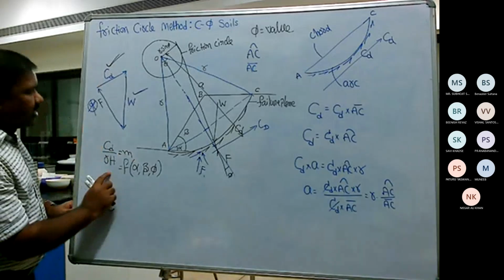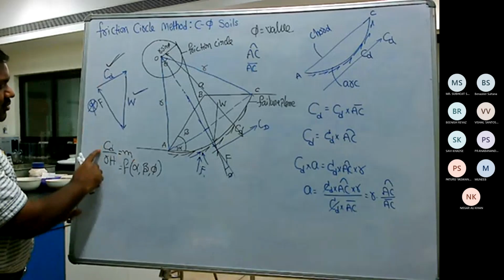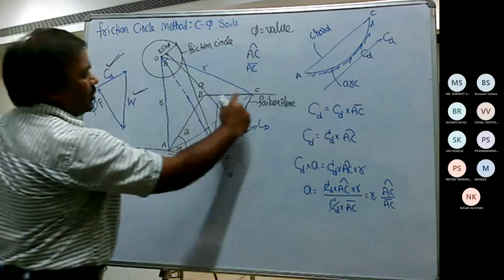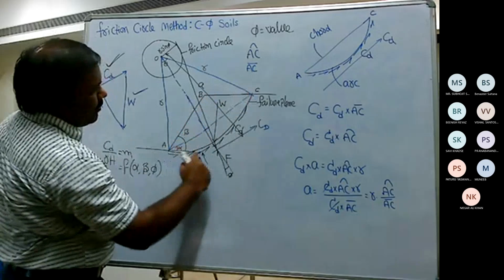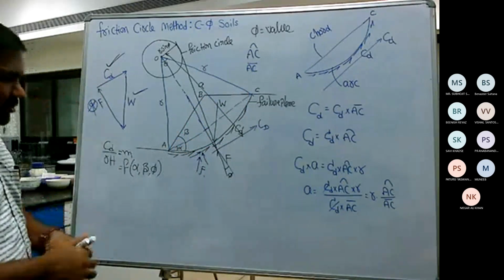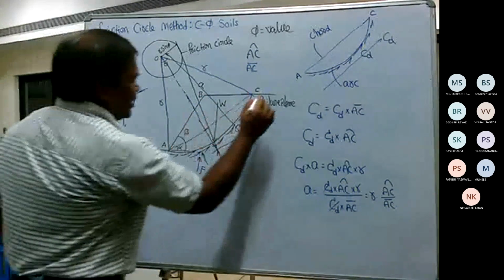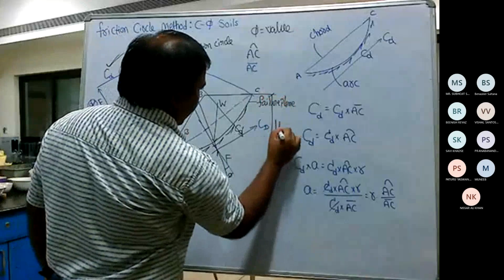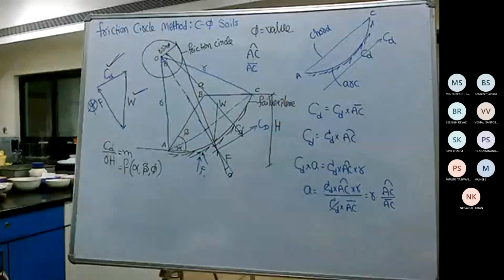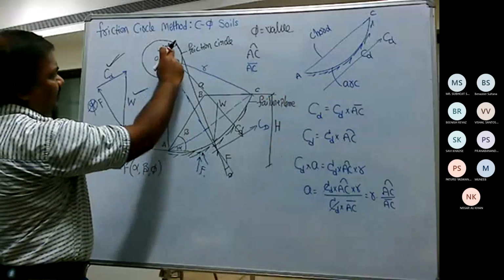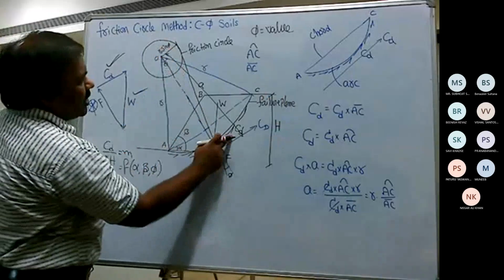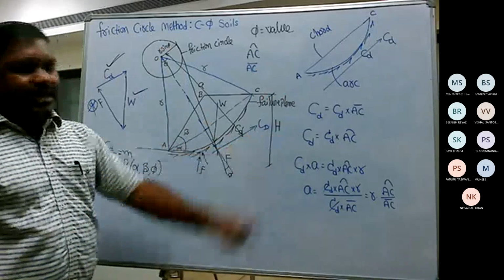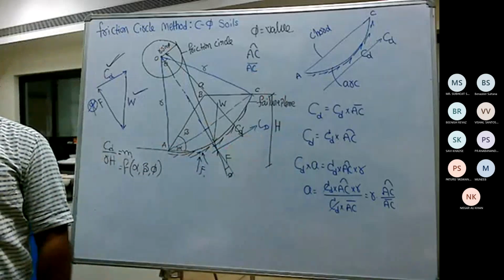Now let us also try to understand why we should relate this with the height. Here you are dealing with an embankment of certain height. So this is the height of the embankment. You have considered the internal friction angle phi and the cohesion of the soil CD, but nowhere have you considered the height of the embankment.